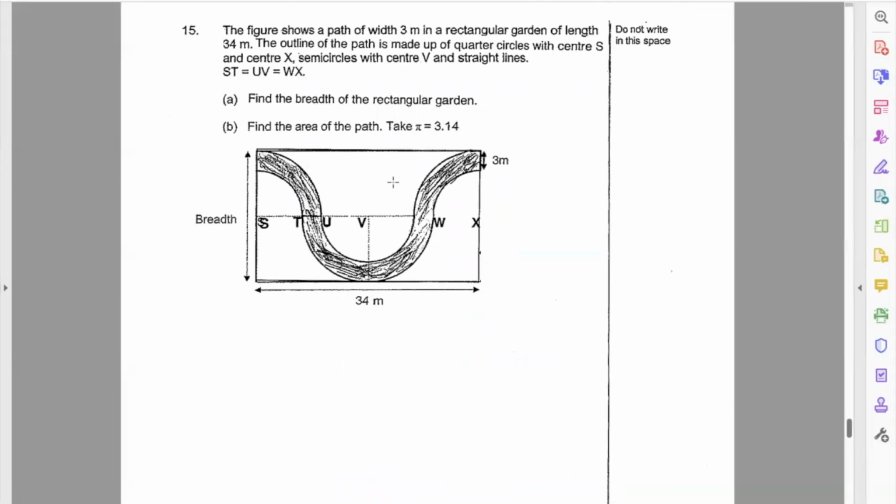The outline of the path is made up of quarter circles with center S and center X, semicircles with center V and straight lines. ST equal to UV equal to WX. Find the breadth of the rectangular garden. So we know the breadth of the rectangular garden will be here.